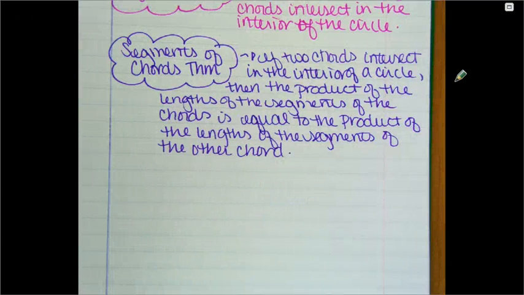So if two chords intersect in the interior of a circle, then the product of the lengths of the segments of the chord is equal to the product of the lengths of the segments of the other chord.